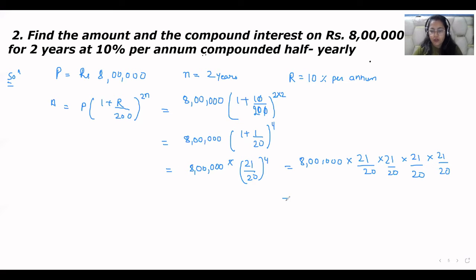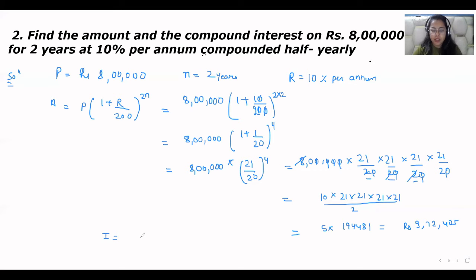After solving and eliminating the zeros, we get 2 times 2 times 4 times 2, which is 8, and here is 10, so we eliminate by 2, and it becomes 5. After multiplying, we get rupees 9,72,405.